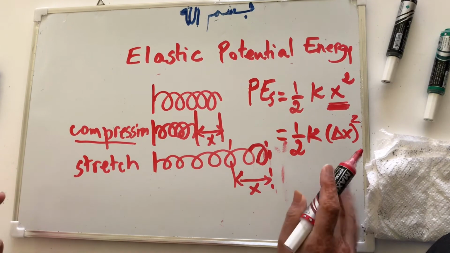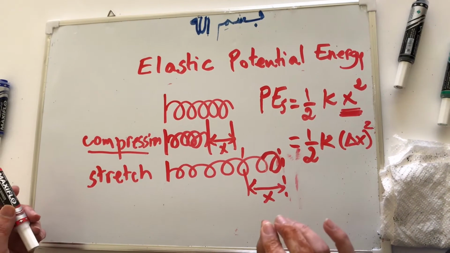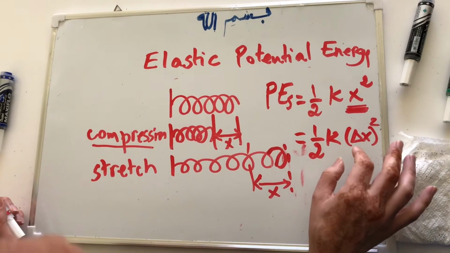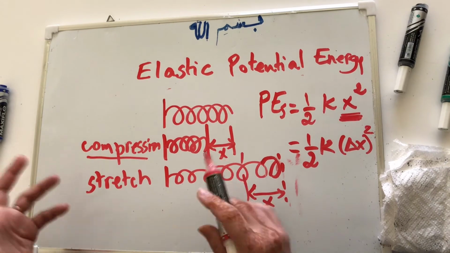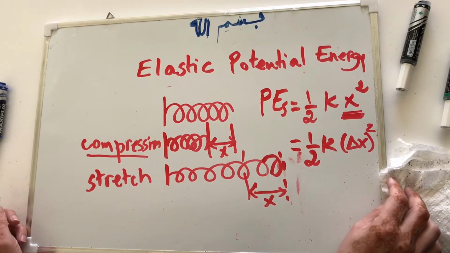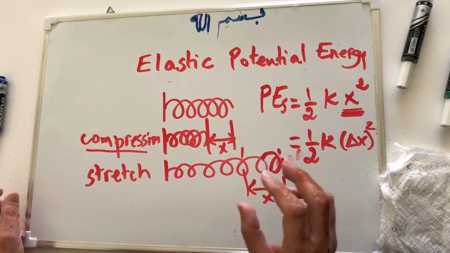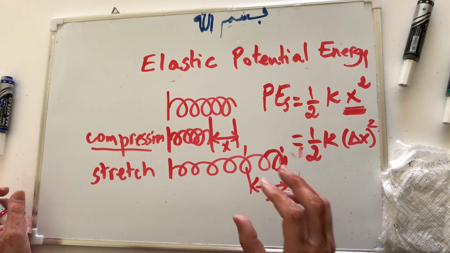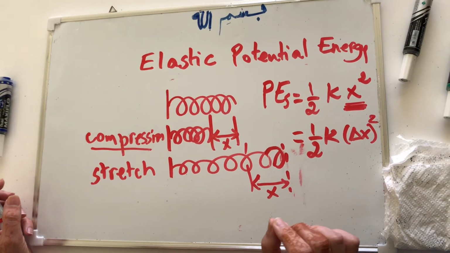I just want my formula to be simple and elegant, so I don't like to use the delta, but maybe some teachers and some books prefer the delta, and that's perfectly fine. You will store the same energy in a spring if you stretch it or compress it by the same distance.